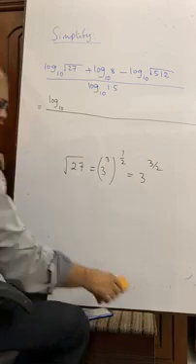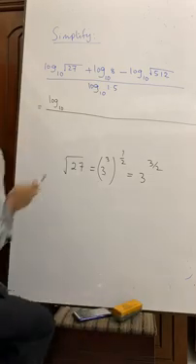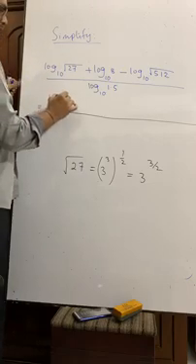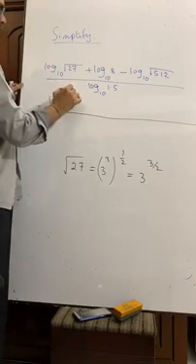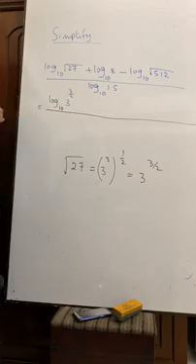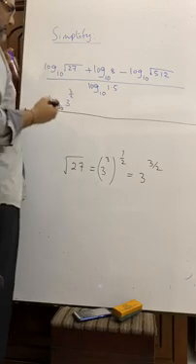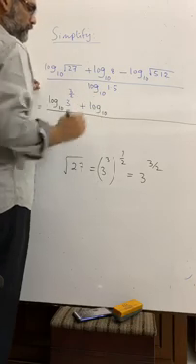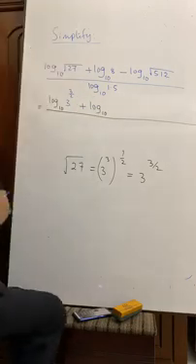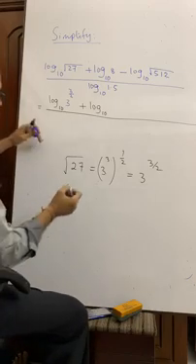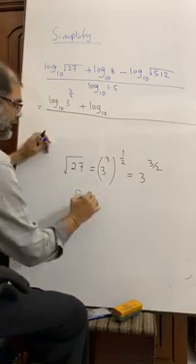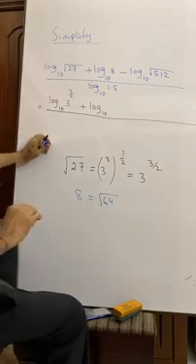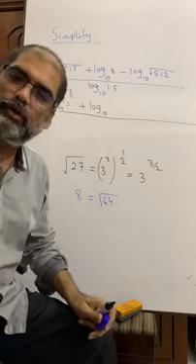Okay. So we can write here log base 10. Look at the board. 3 to the power 3 by 2. Now it is log 8. What can be written? You see, 8 equals to what? Look at the board. 8 equals to root over 64.